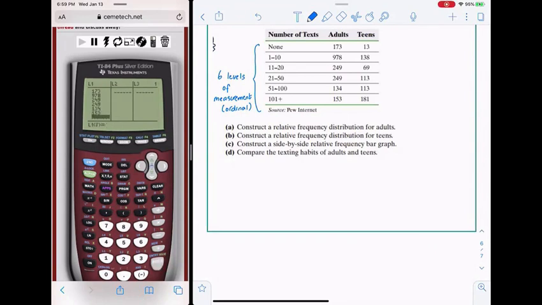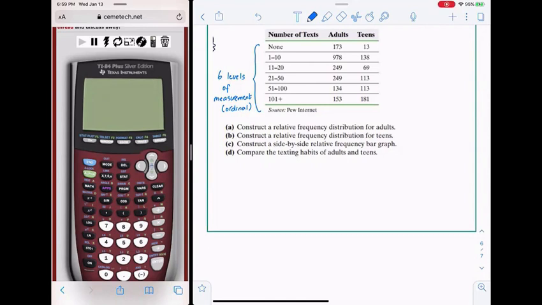So I have entered all counts for adults and I've saved it in list 1. Press the blue button, which is second, and hit mode, which would mean quit. So you'll just clear out your screen.